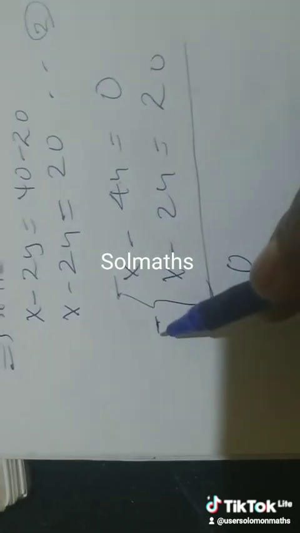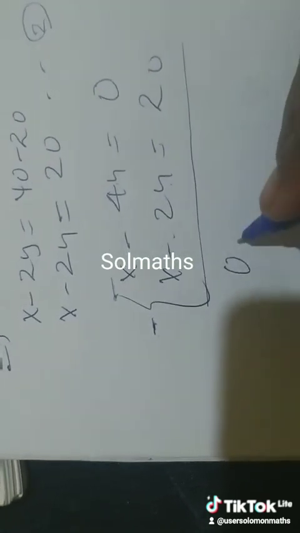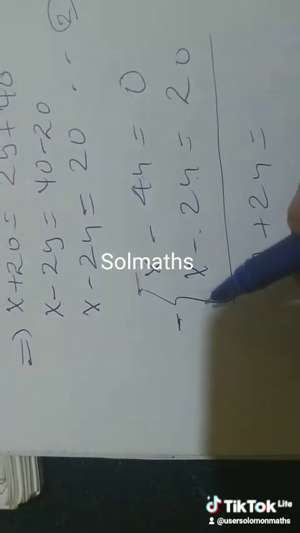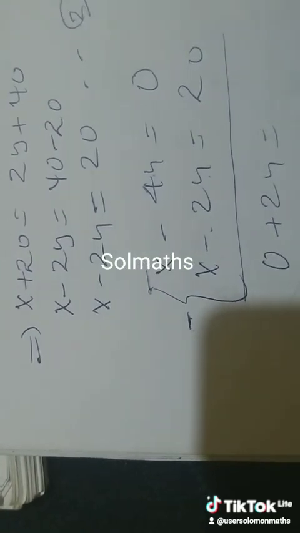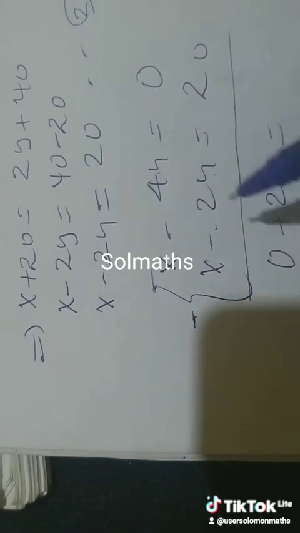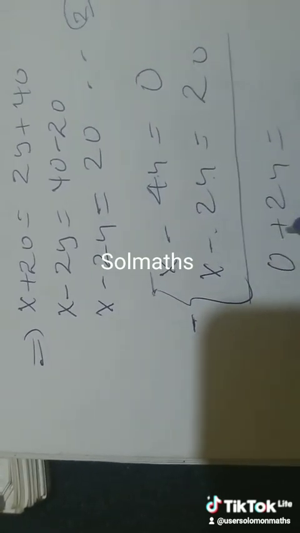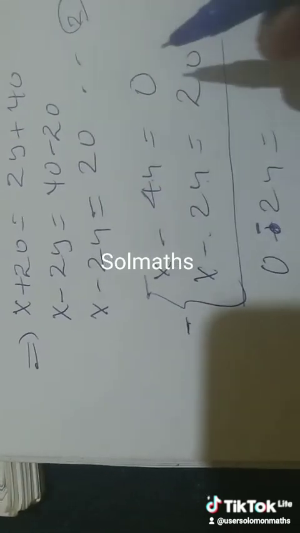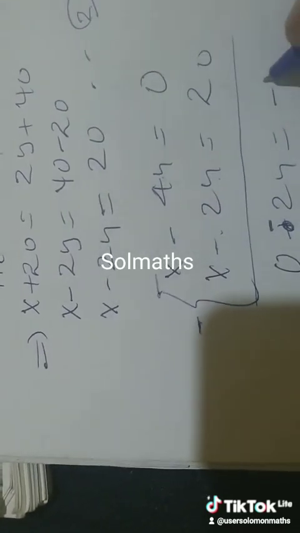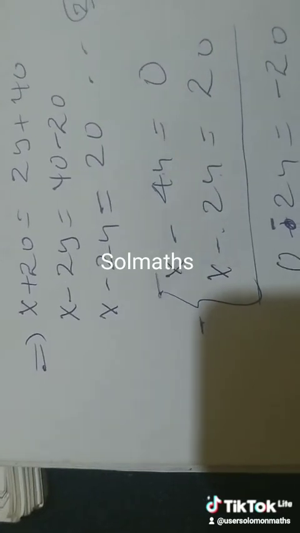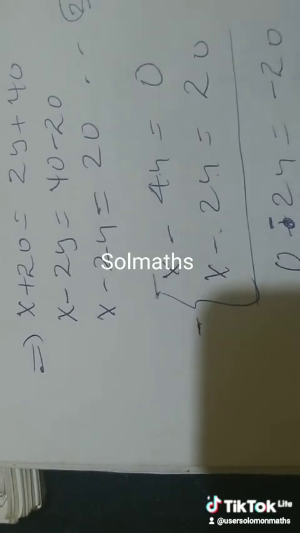Negative 4Y minus negative 2Y is negative 4Y plus 2Y, which is negative 2Y. 0 minus 20 is minus 20. So from this, negative 2Y is equal to negative 20.